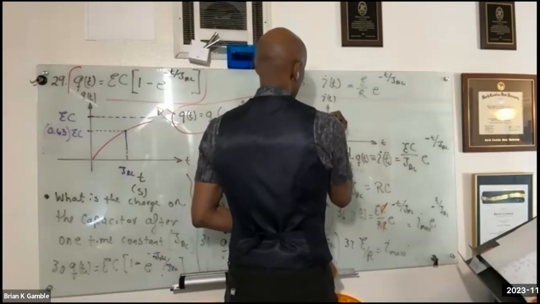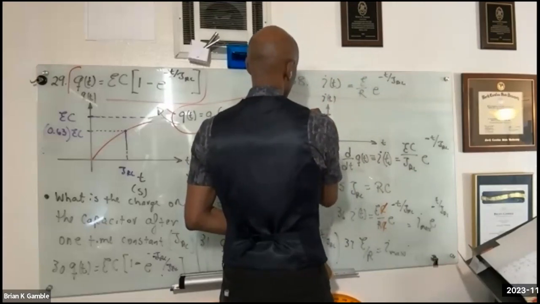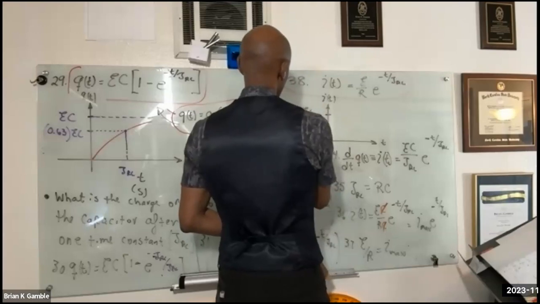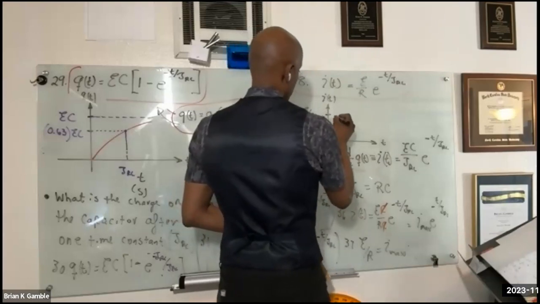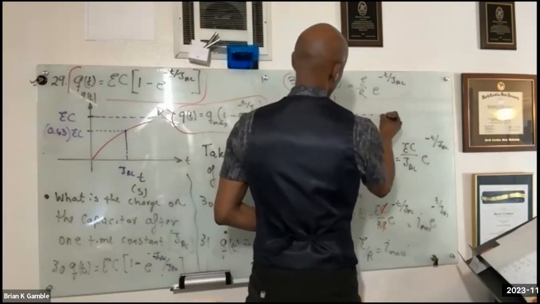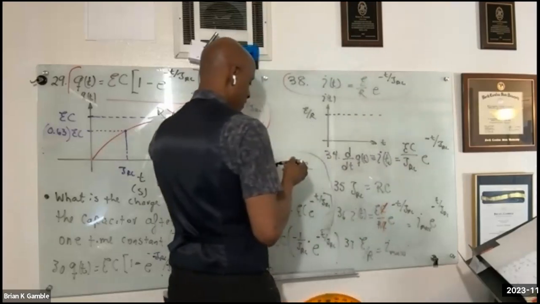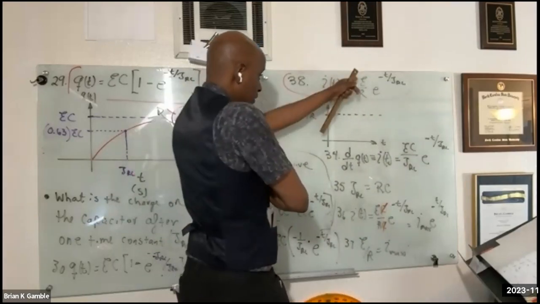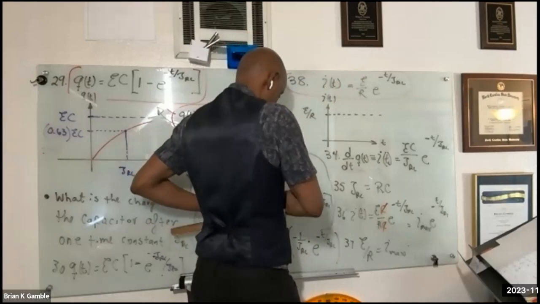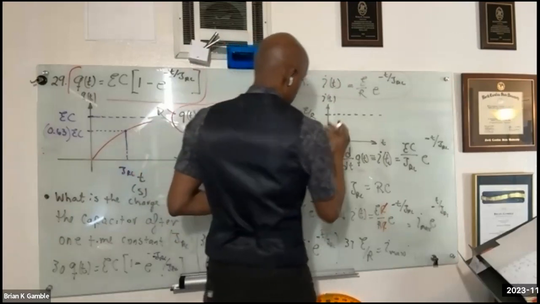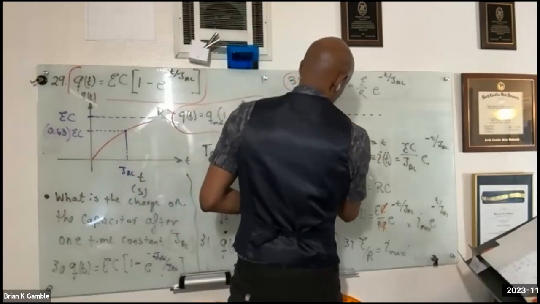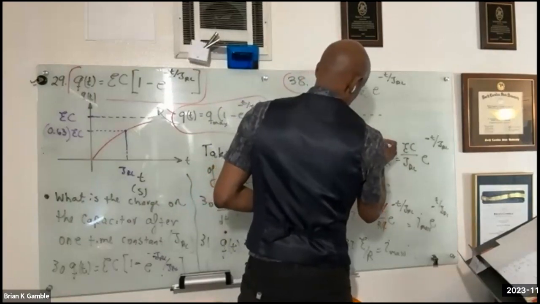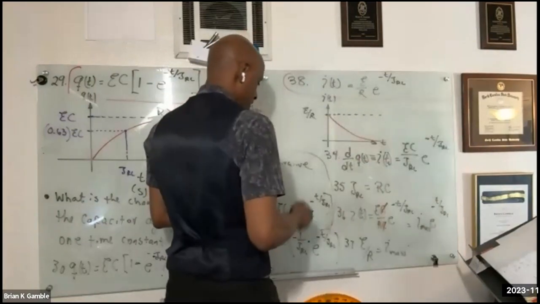The maximum current is here. That's going to be E over R, I max. And it's going to die down to 0. So what you see is that this function, when you graph it, looks like this. And it's going to be 0 at infinity.